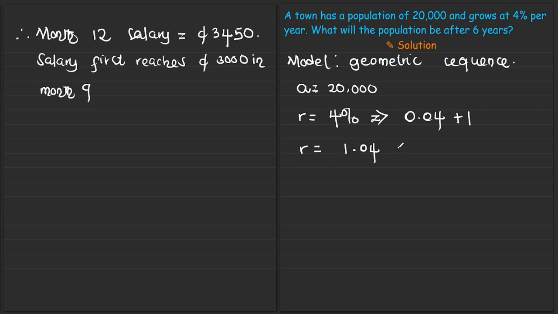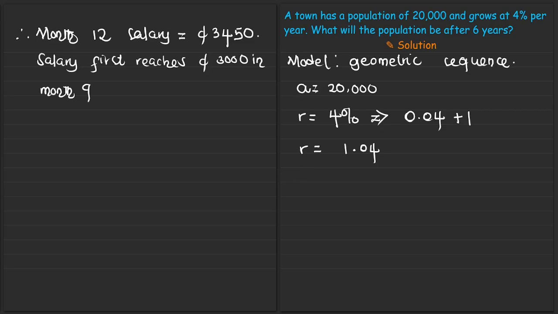You see, so the r we'll be using here is 1.04. I do hope you've taken note of the difference. If you only use the 0.04, the population will gradually die off. But what we want is a growth. So we always add the original population to it. So with these parameters, we have our a, we have our r.